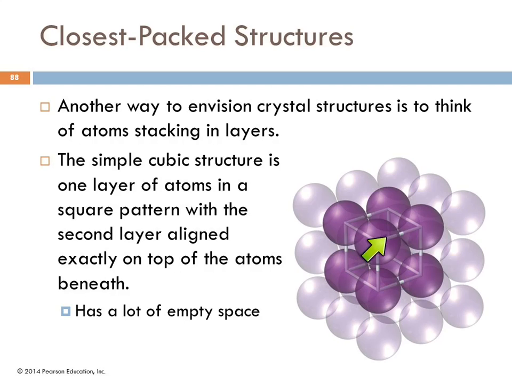So this is forming a square, and it's lined up with the centers of the ones underneath. You see that? If we're going up and down, they're lined up, and if we're going across, they're lined up, and if we're going across this way, they're lined up. That's the simplest structure, but there's a lot of empty space in it.